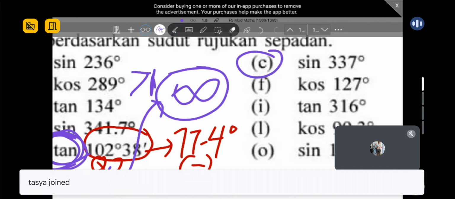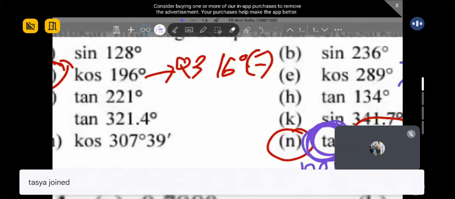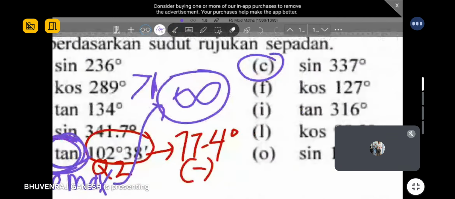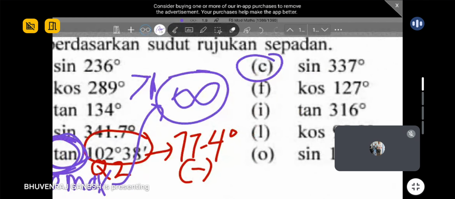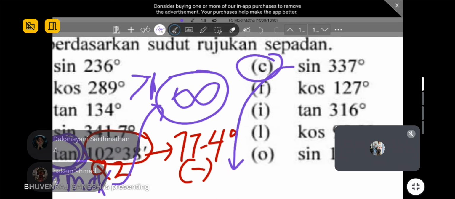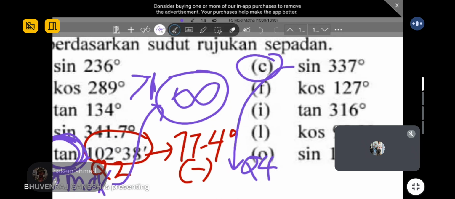Okay? So can anyone tell me, for question C, what quadrant is this? Quadrant keberapa sudut ni untuk soalan C? Yes, very good. This is quadrant 4. Okay, so what is your reference angle? Sudut rujukan.